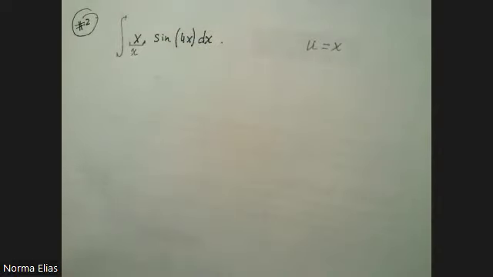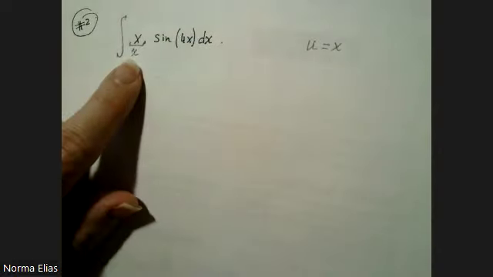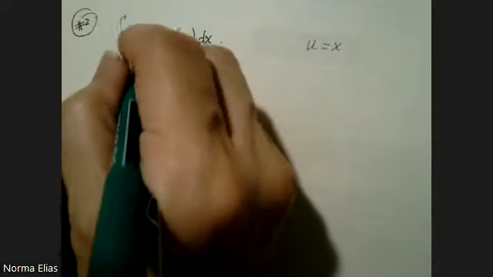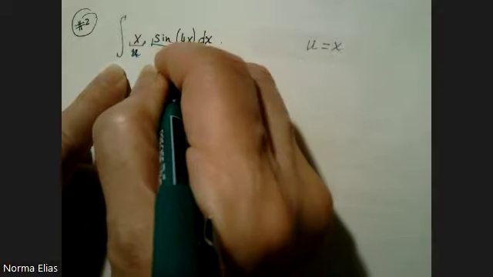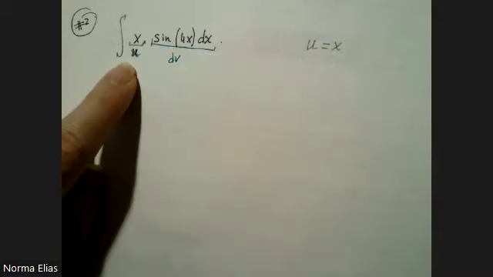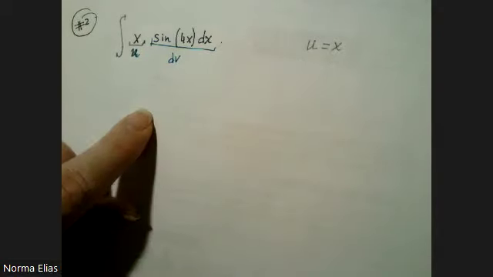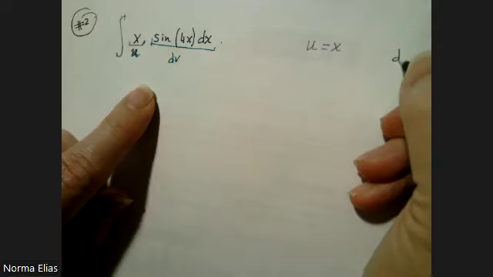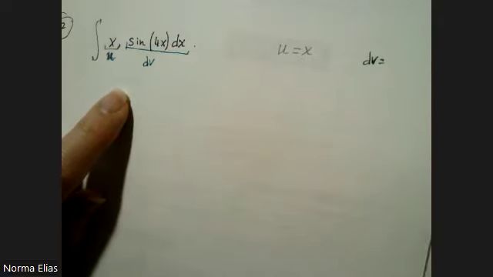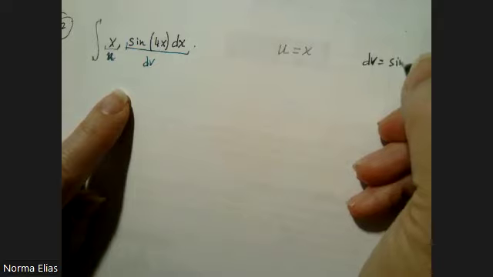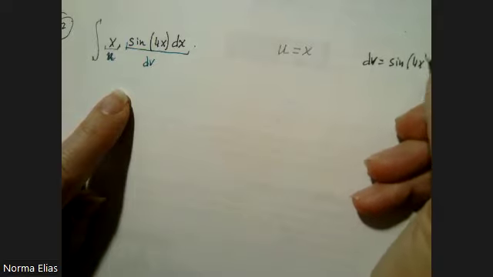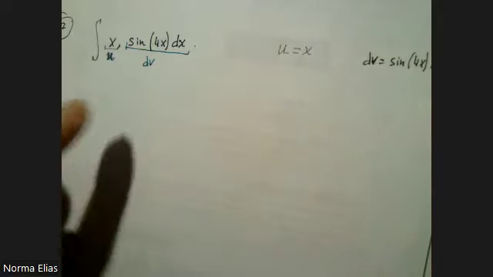And the minute you choose your u, the leftover has to be the dv. So this is my u. The leftover is dv. You don't have choices for dv once you pick your u. You have to pick whatever is left. So my dv is going to be the sine of 4x dx. That's my choice.